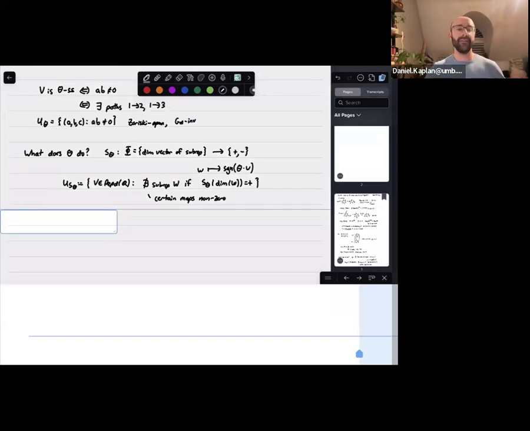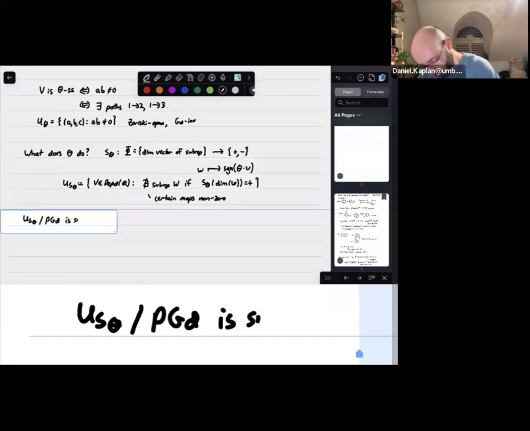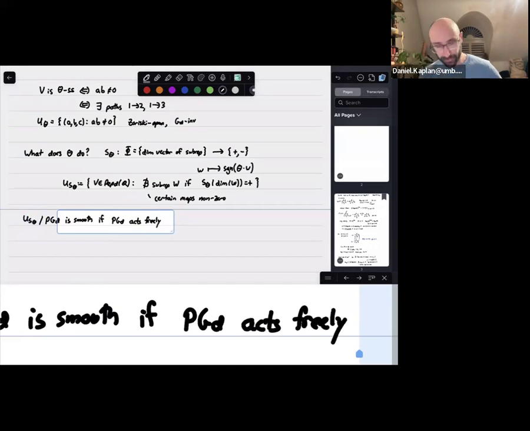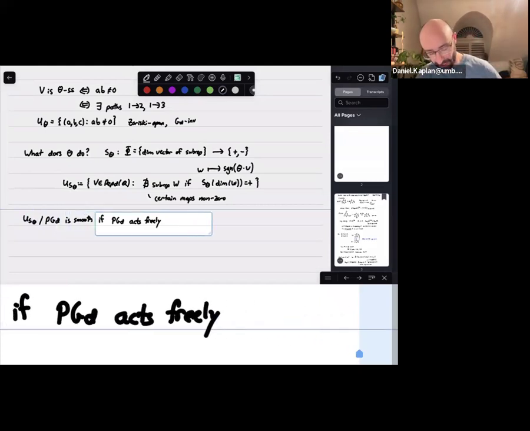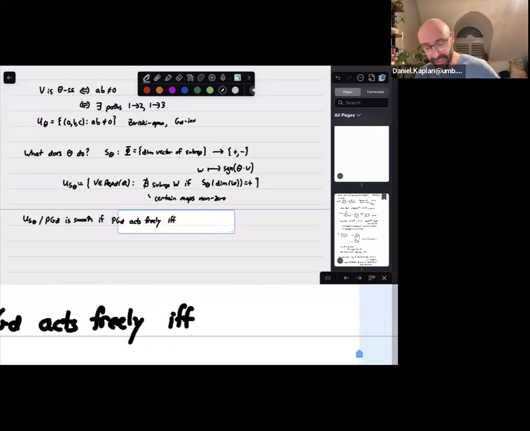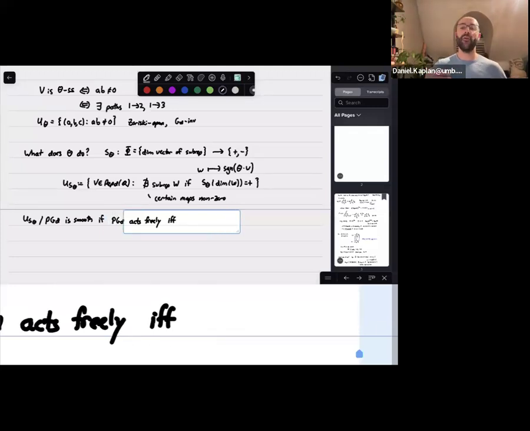How do I know I've removed enough stuff so the resulting quotient is smooth? Well, I need the action to be free. And this is going to happen exactly when these non-zero maps form a spanning tree in my quiver.